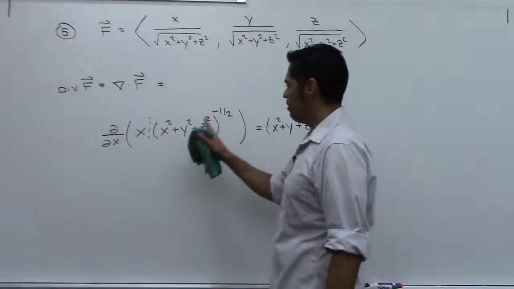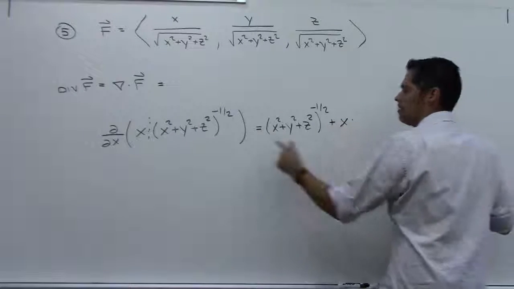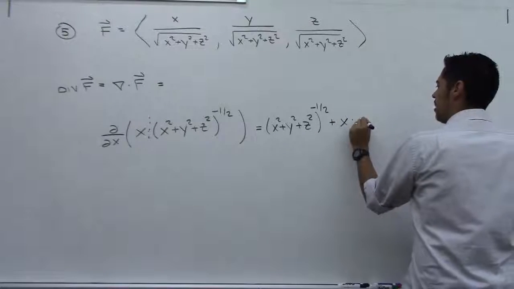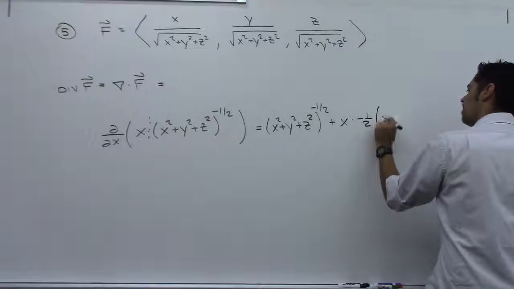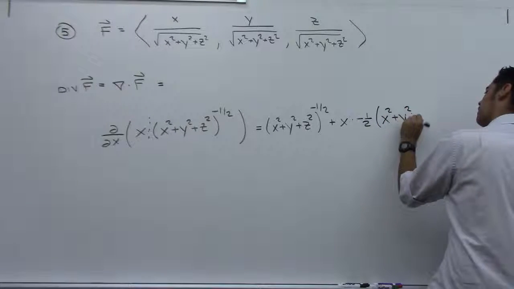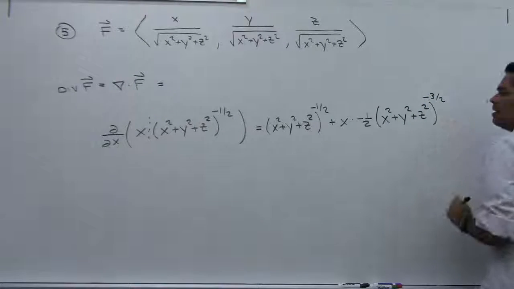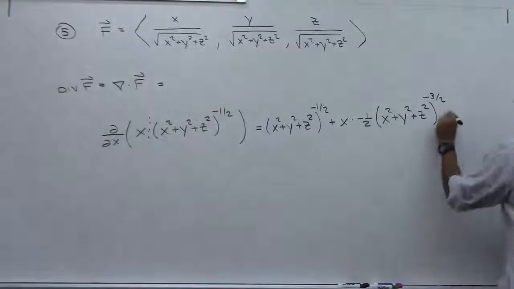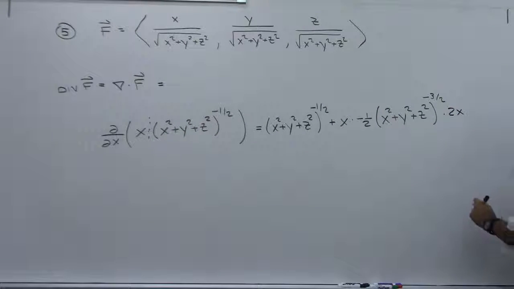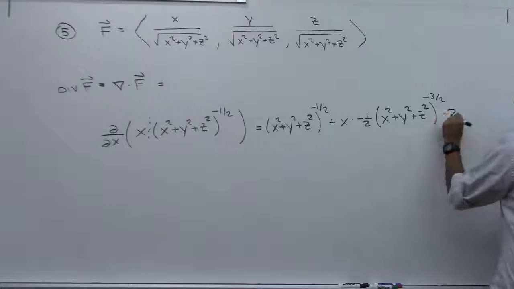plus, now derivative of this times this. So I'm going to have the x there. But then derivative of this, we already saw that a second ago, is negative 1/2 times all of that stuff to the negative 3/2. And then times the derivative of what's inside of here with respect to x, which would be 2x. Sorry, didn't mean to cancel the x there.